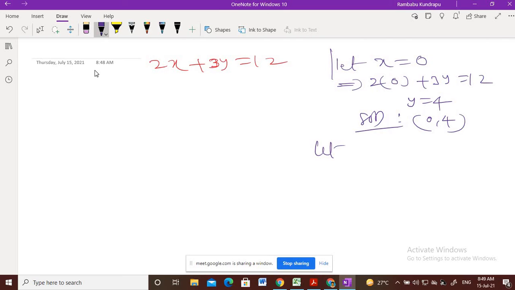Excuse me, sir. After that, y is equal to 0. Yes. Sir, how to know whether the line will lie in which quadrant? How to know? Yes, see, already in coordinate geometry I have explained that.